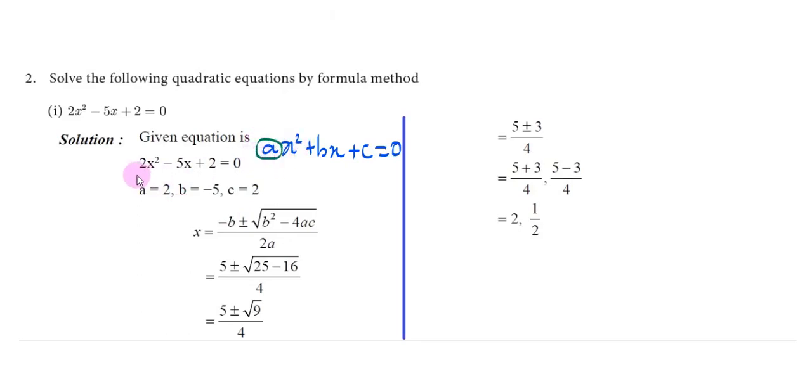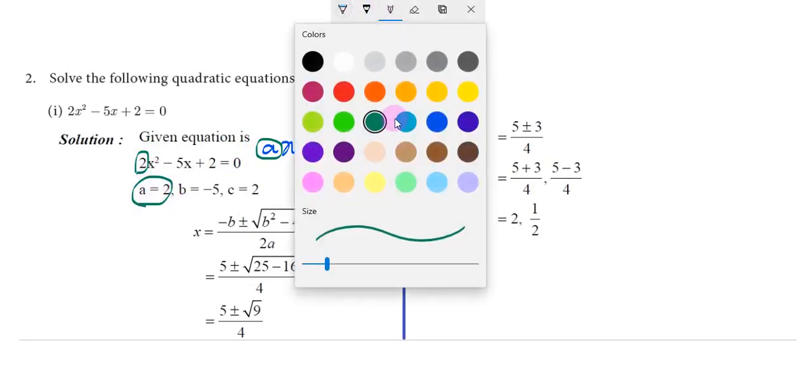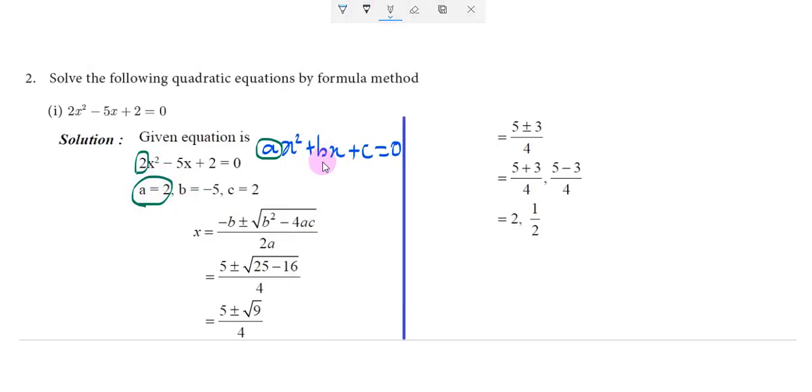That is a. Here x square coefficient is 2, so a equal to 2. Understood? Now the x coefficient is b. Here x coefficient is minus 5. So sign also we should take. So b equal to minus 5. Understood?